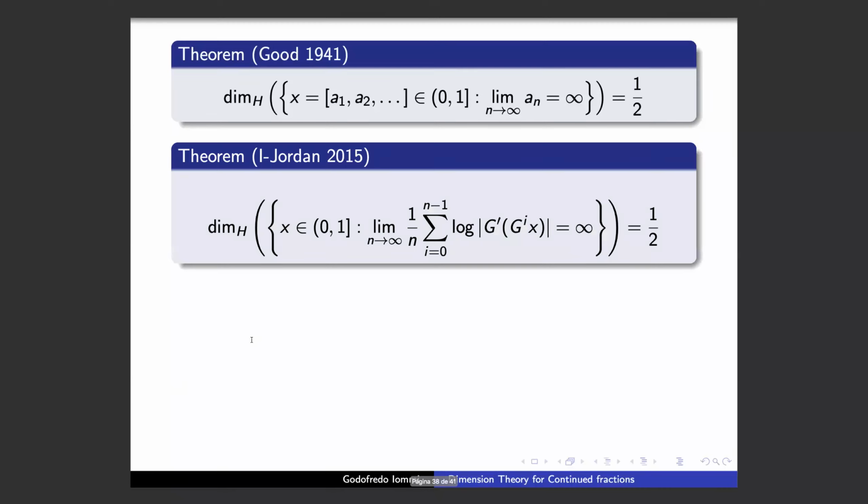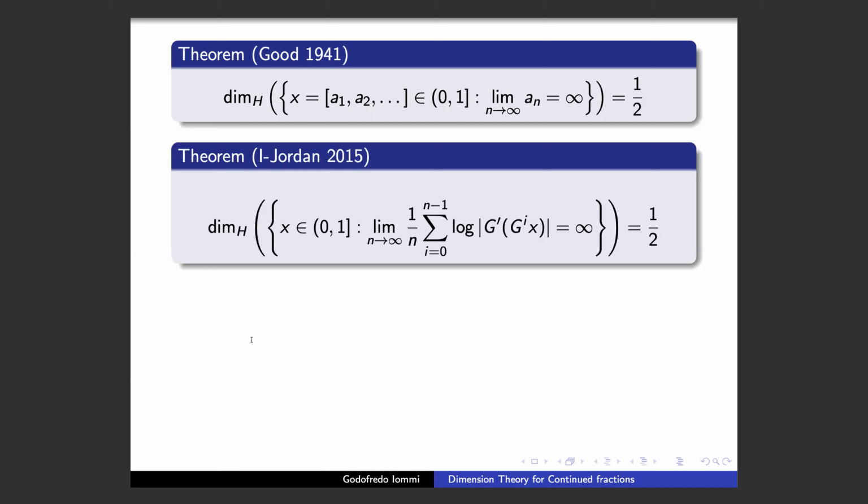The second result that I think is relevant in this setting is something that we proved with Thomas Jordan, and it's the following result. If you look at the points for which the Lyapunov exponent of that point is infinity with respect to the Gauss map, of course, then the Hausdorff dimension of that set is again 1/2.